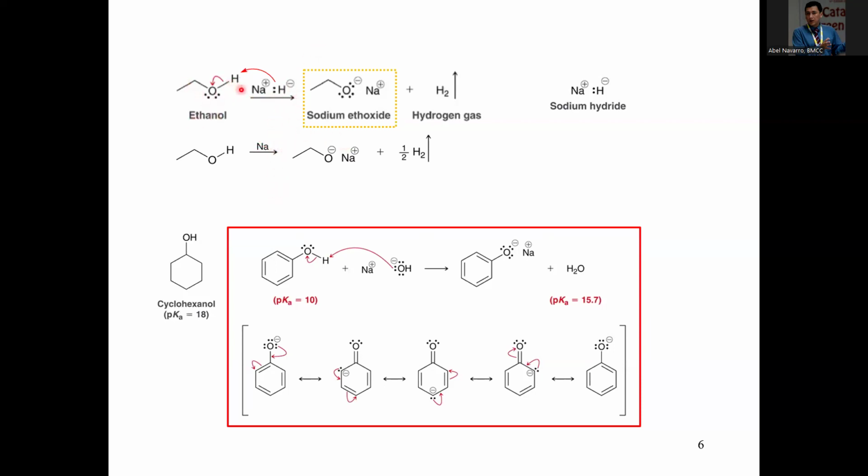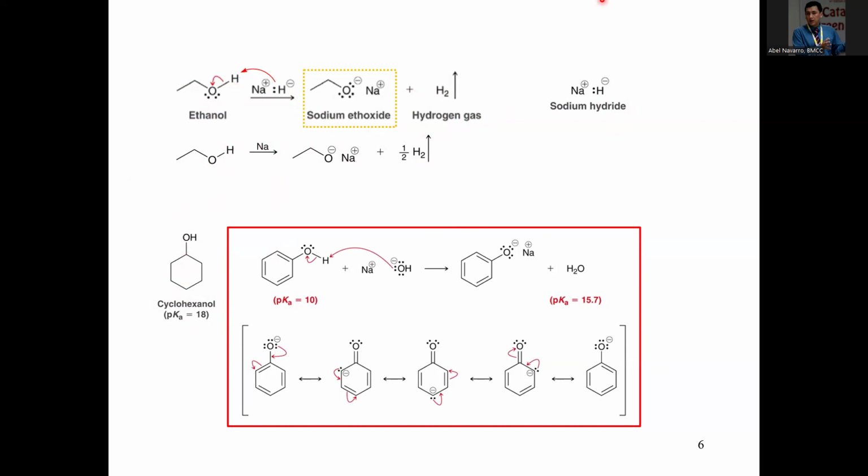In the case of ethanol with sodium hydride, it will produce sodium ethoxide and hydrogen gas. Ethanol with sodium metal, you can also use, will produce the same sodium ethoxide and hydrogen. Cyclohexanol also gets deprotonated because those are alcohols.